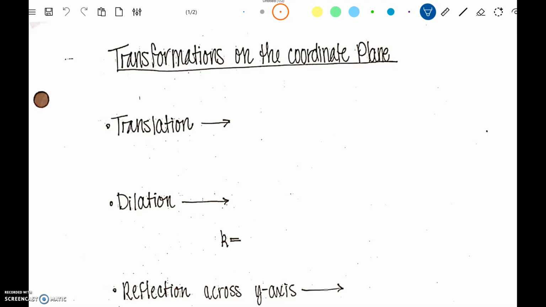A translation described on the coordinate plane is written by a rule that looks like this. A point is taken to another point by either adding or subtracting a number to the x and adding or subtracting a number to the y.